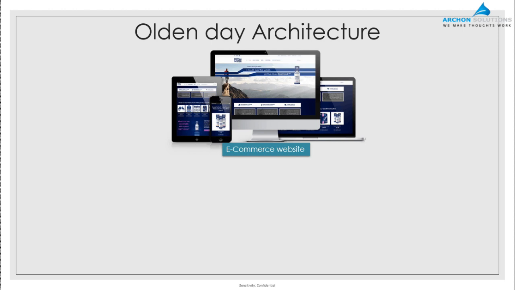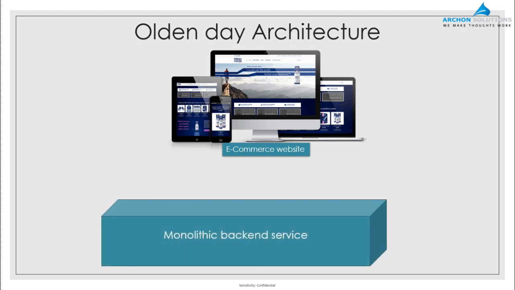In olden day architecture, all of this logic, all these functionalities, everything was written into one single backend service, and the code was pretty monolithic. Monolithic means everything was just dumped into one place. So when a new programmer joins the team, if he needs to understand what's happening, he needs to have a picture of the entire backend service application.